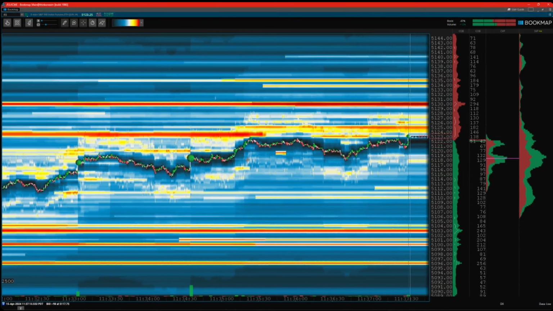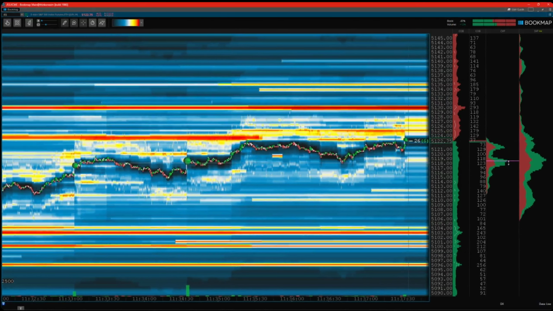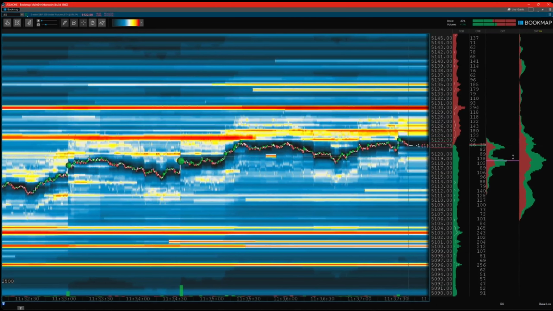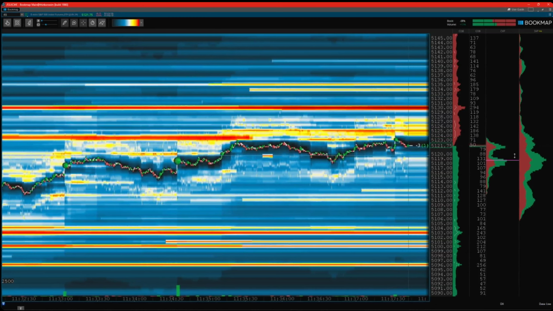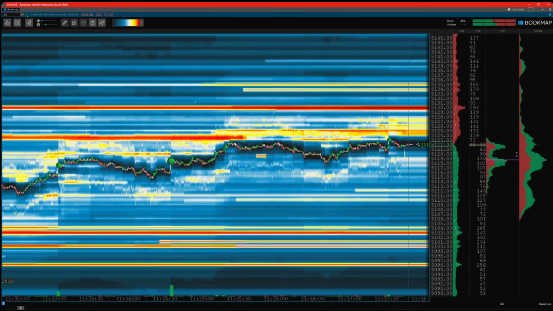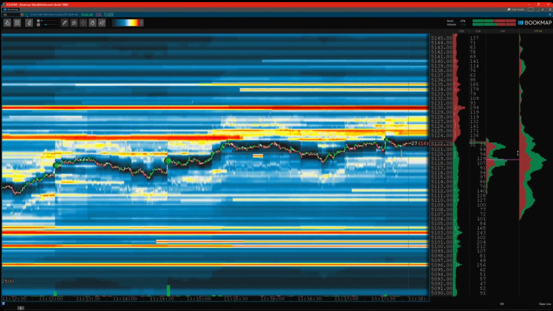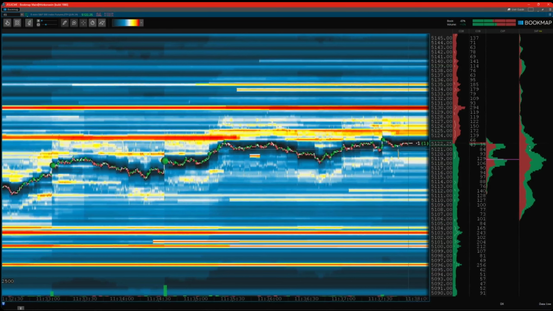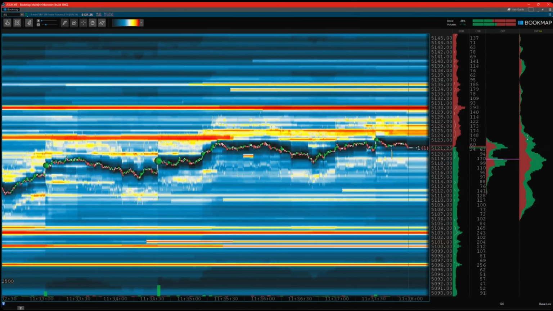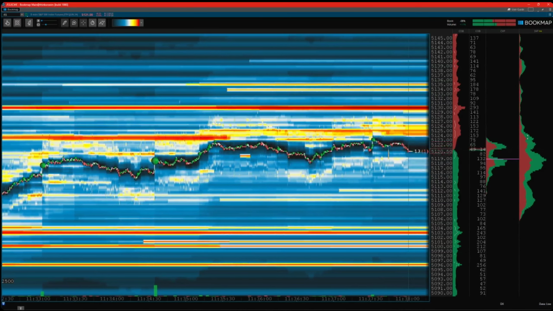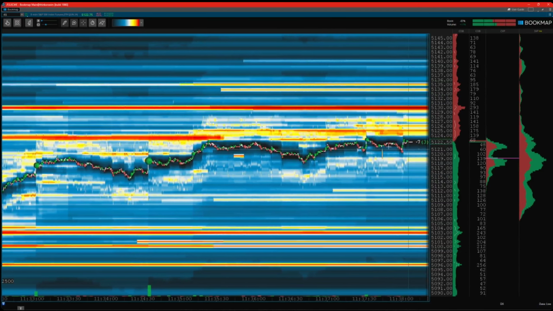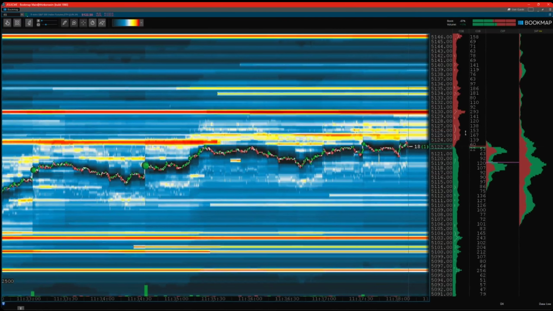So they're like defending this range right here. So like in a blink of an eye, it could just swap the other direction.